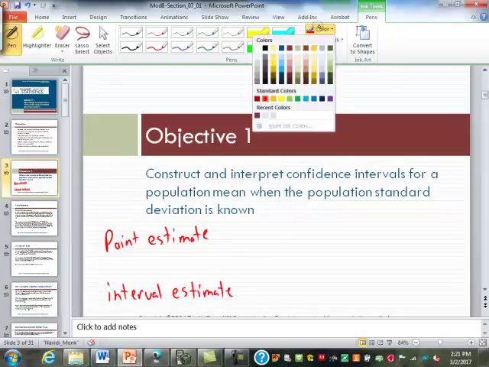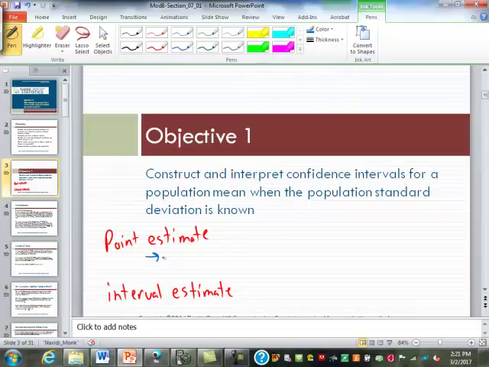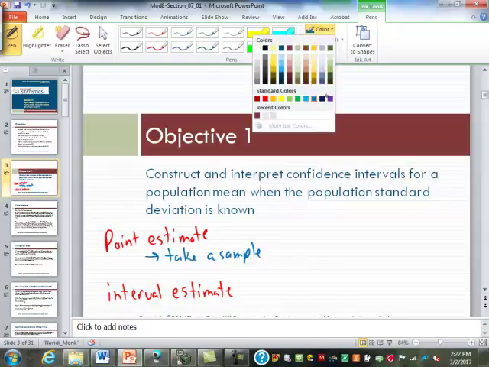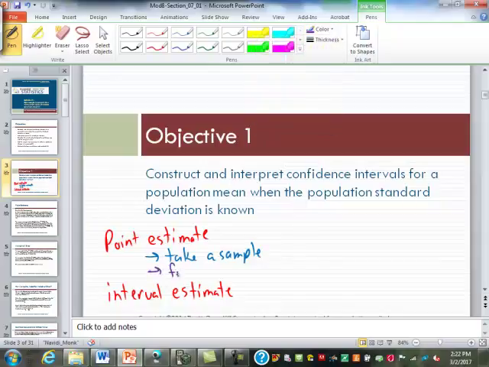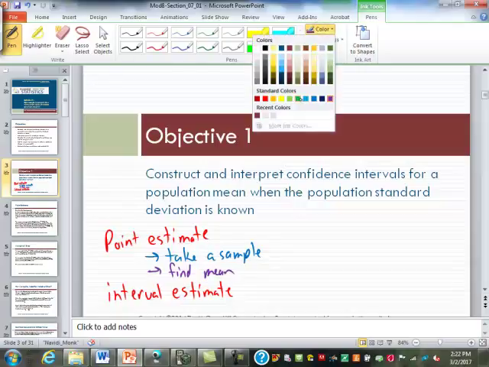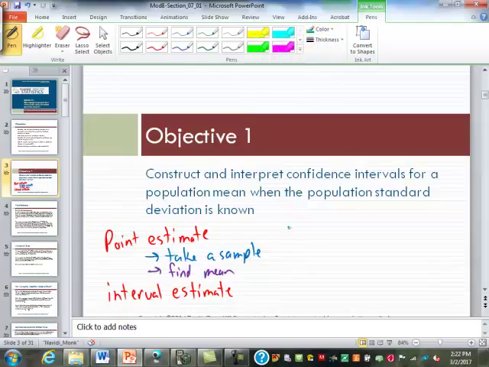In a point estimate, we just take a sample, find its mean, and we say, hey, the population mean, well, I'll just use the proper terminology here.